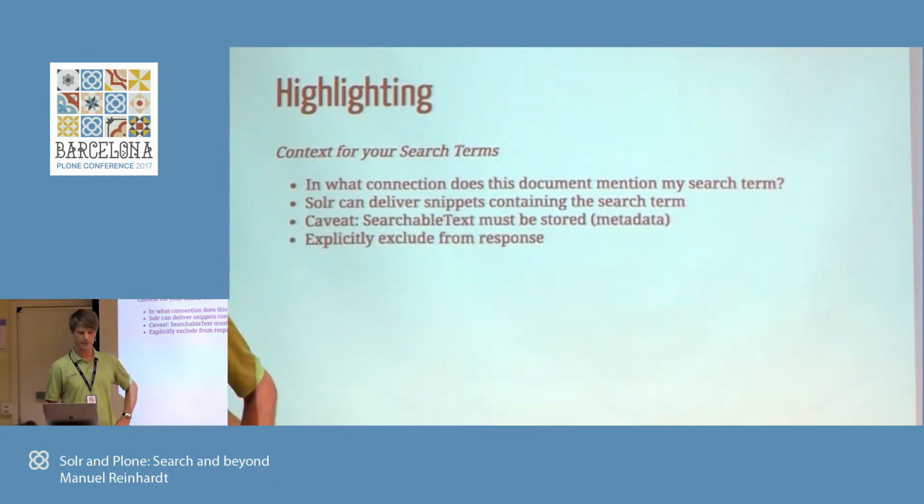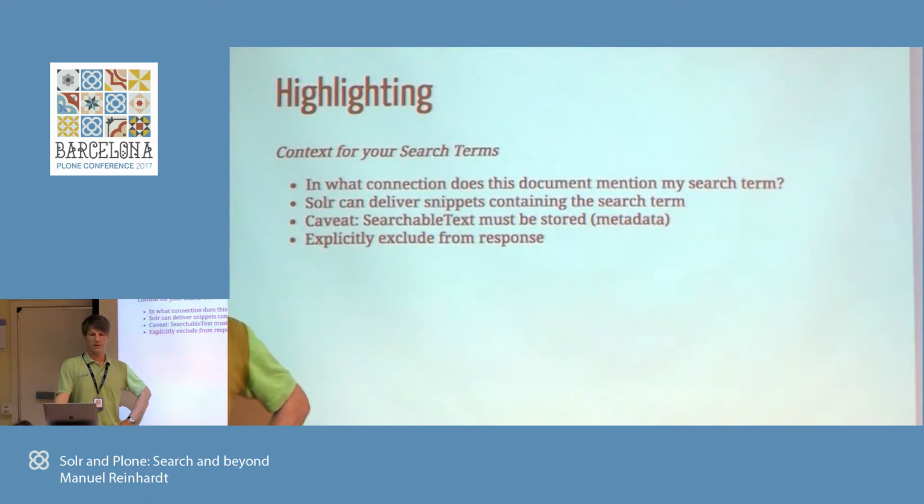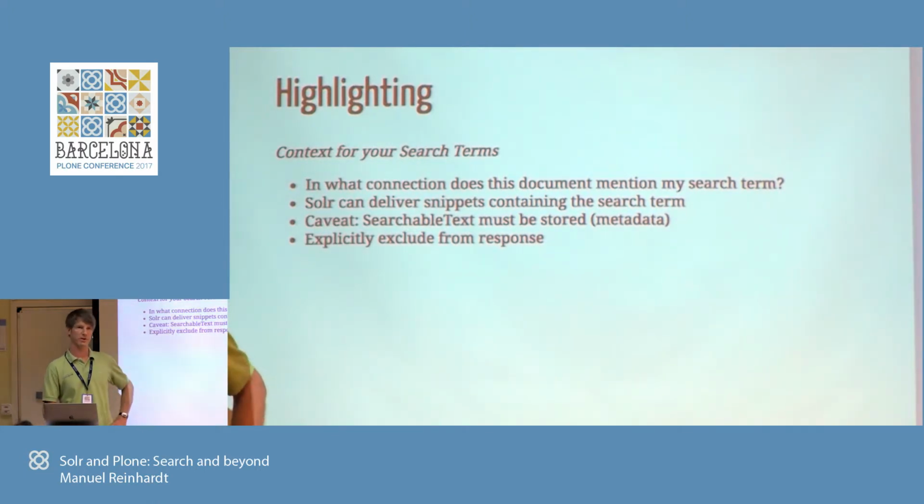One warning I want to give there is if you're generating these snippets from the searchable text, which is a sensible thing to do, then it must be stored in Solr in full so that it can process it. So in portal catalog terms, it must be metadata, and that means it would be returned with every response that you get from Solr. So for example, for Office documents or something that has a very large searchable text, that can get really big.